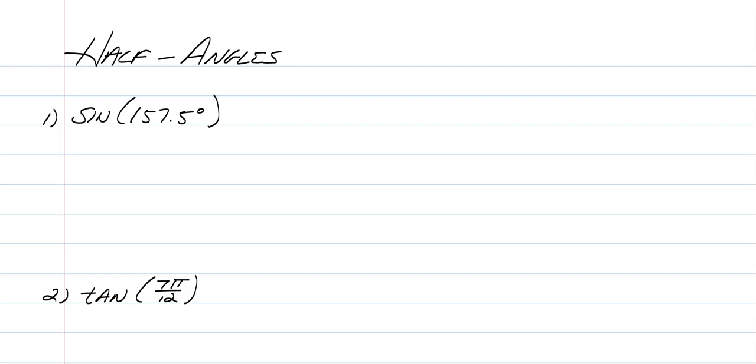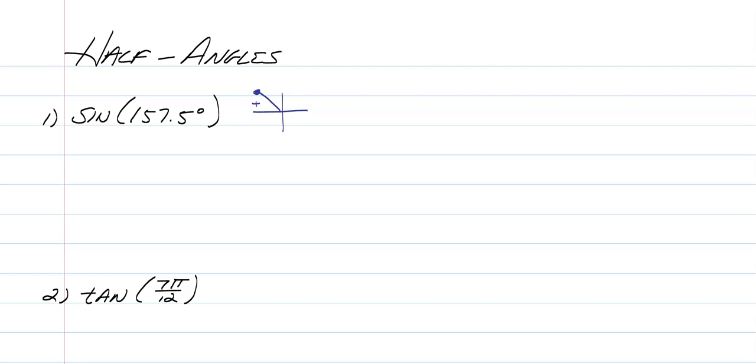So sine at 157.5, that's in quadrant 2 somewhere, and sine is positive. So the plus or minus in the formula, you're just using the plus or minus based on the quadrant, okay? So we're going to have a positive square root value here.